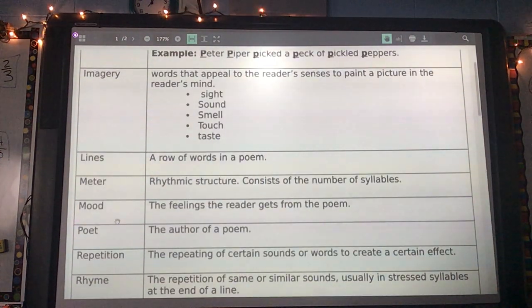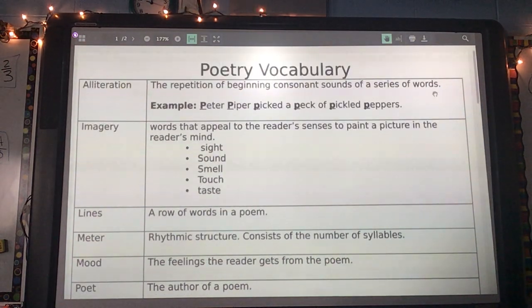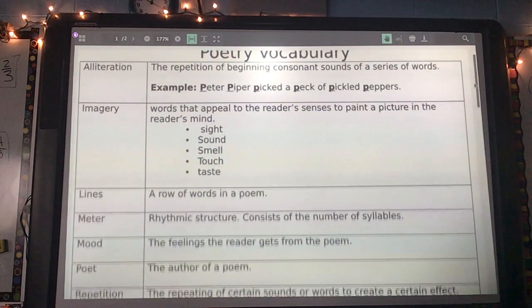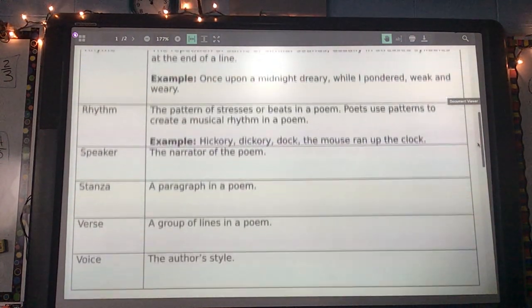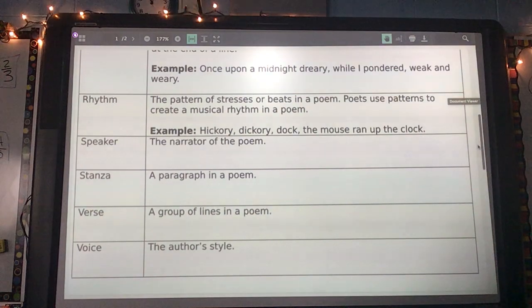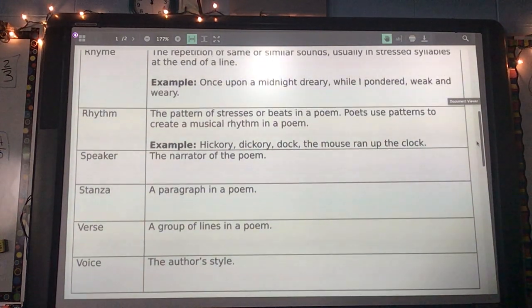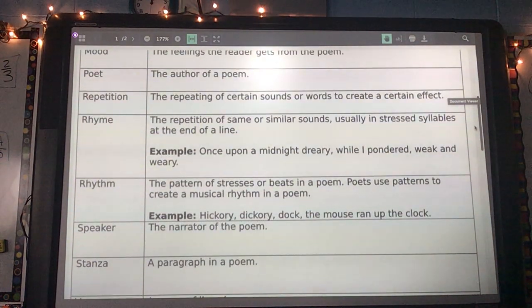Okay? A poet, I know you guys have heard that many times. Rhyming, self-explanatory. Okay, a lot of these are very self-explanatory that I don't think you'll have any issues with. The ones I would study more would probably be meter, and stanza, and verse. I think those three are going to be the three that you're least familiar with that you need to make sure you study.